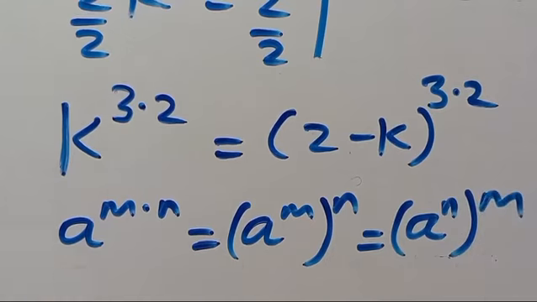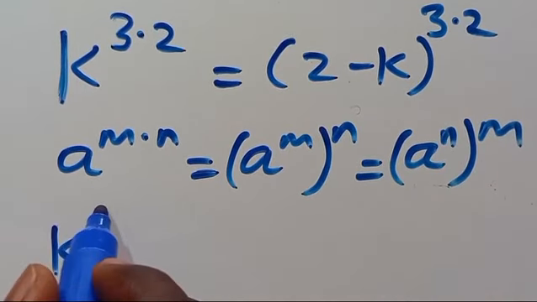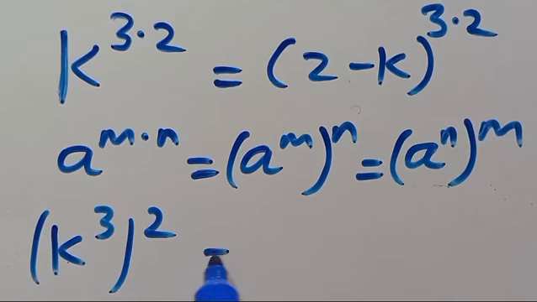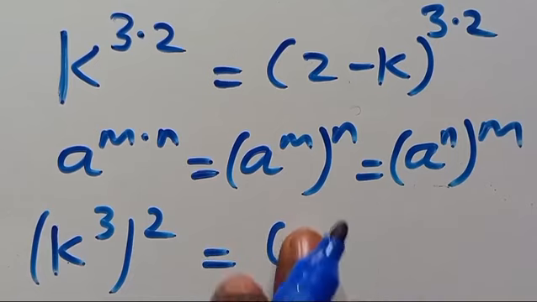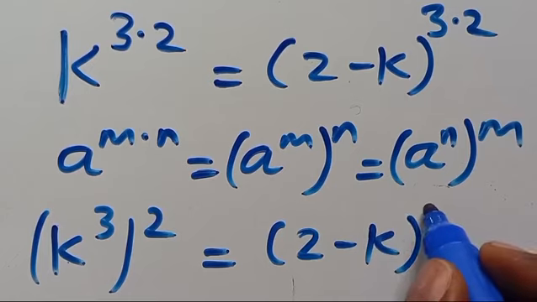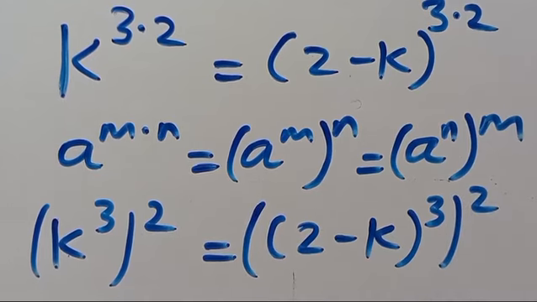So when you apply it here, we can have it as (k to the power of 3) to the power of 2, then equals ((2 minus k) to the power of 3), again to the power of 2.